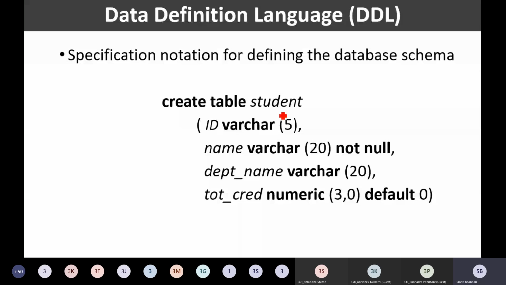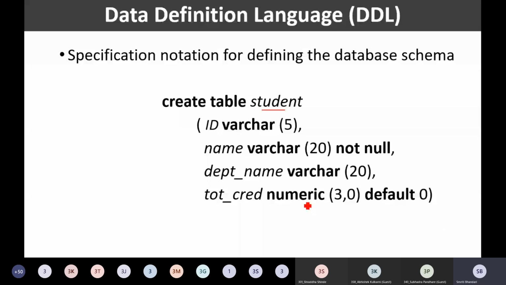Student is the name of the table that I would like to create. There is a typical syntax to provide this statement. So I use the create table statement, the name of the table is student, and in parenthesis I will provide the definition for this student table.